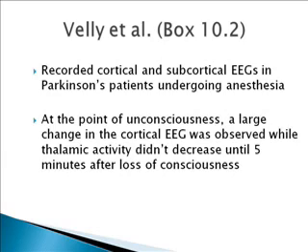Finally, Veli and colleagues recorded cortical and subcortical EEGs in Parkinson's patients undergoing anesthesia. They found the anesthetic in the cortex determined consciousness, while anesthetic in the thalamus determined whether patients would move with somatosensory stimulation. These findings, combined with those from the other studies, support the idea that the cortex is turned off before the thalamus.